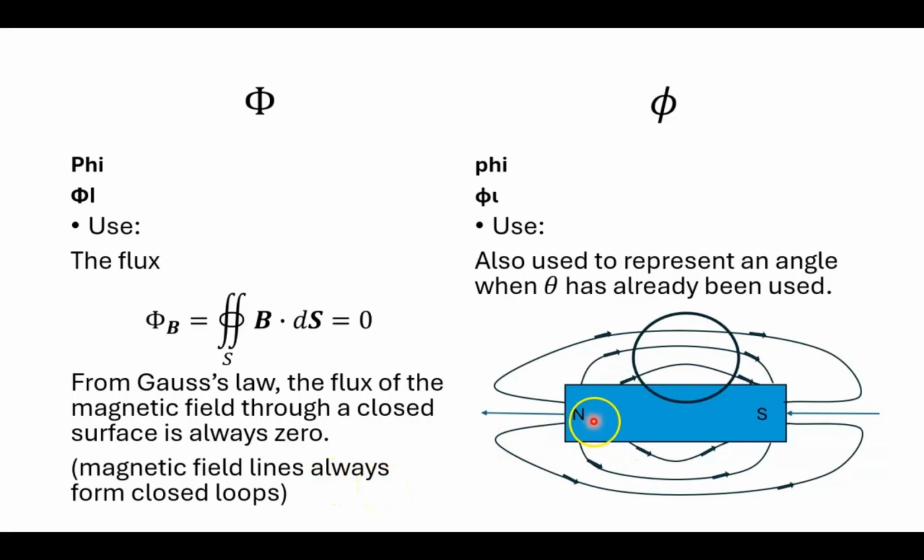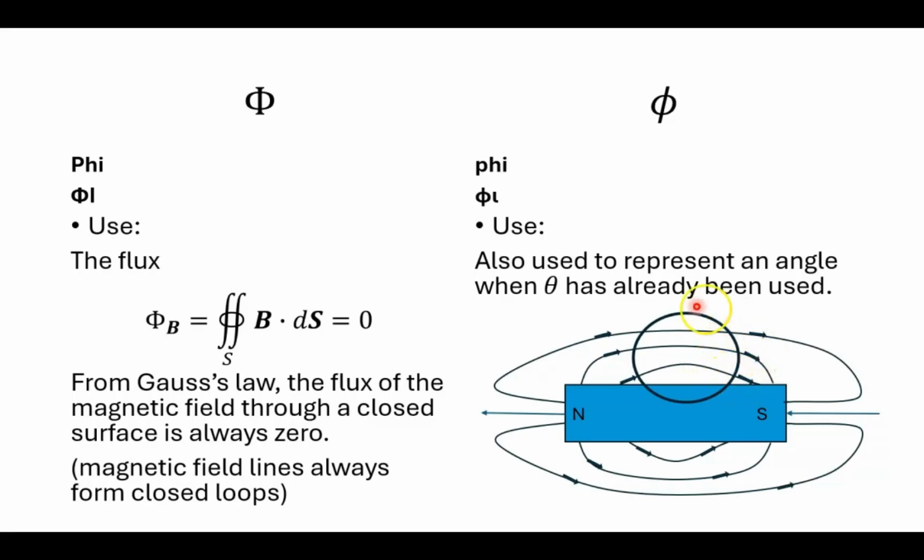If you have a magnet here, and you draw out its magnetic field lines from the North Pole to the South Pole, and you draw any closed surface, a Gaussian surface here, then you find the number of magnetic field lines going into the surface, 1, 2, 3, will be equal to the number of magnetic field lines going out, in this case also 3.